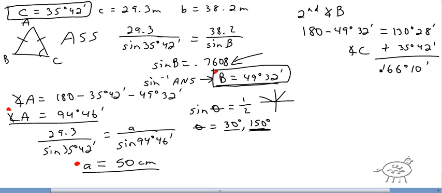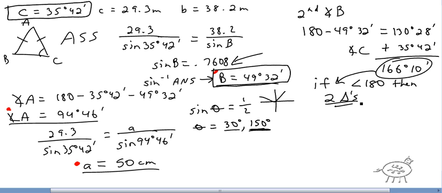Okay, if this value is less than 180 degrees, then I have two triangles. That's very important. If it's greater than 180 degrees, it's impossible. You can't have it. And that's actually going to be our third example, but this one is less than 180 degrees.